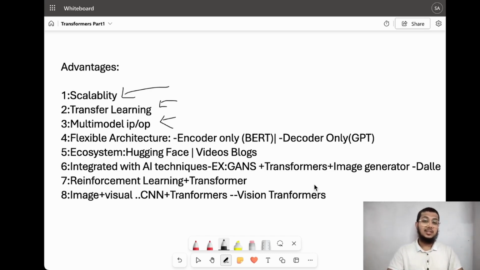And the last benefit I would say is that it can easily be integrated with other AI techniques, right? For example, with GANs, transformers and image generators, you can very easily create a very good quality image generator by adding transformers with GANs.